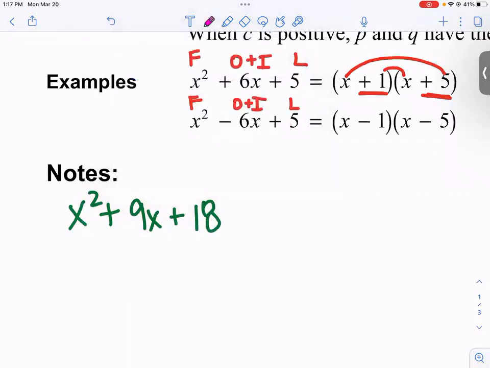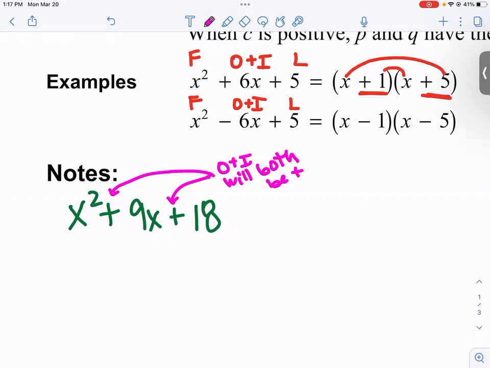All right. So first thing, since this is positive, we know that they're going to have the same sign. Specifically, since this is positive, along with it, our outside and our inside product will both be positive.